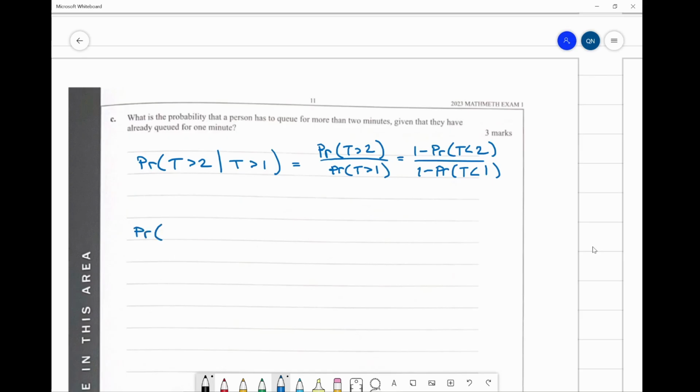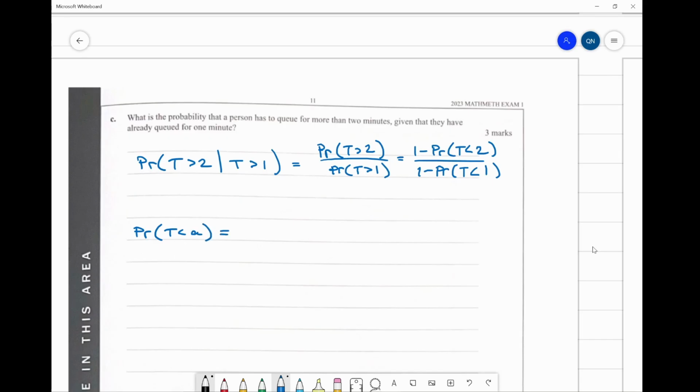So let's do the probability t less than 2. This is the integral from 0 to 2 of k times t. What we can do, by the way, because we're going to basically do the same integral, is do the integral for t less than some value a, and then we can choose the value of a.